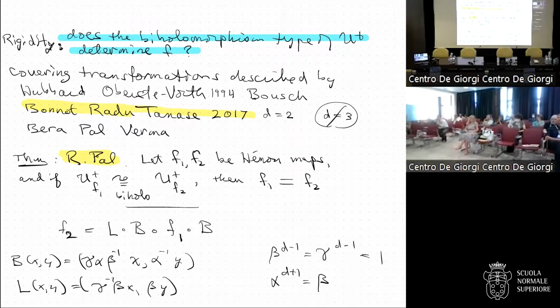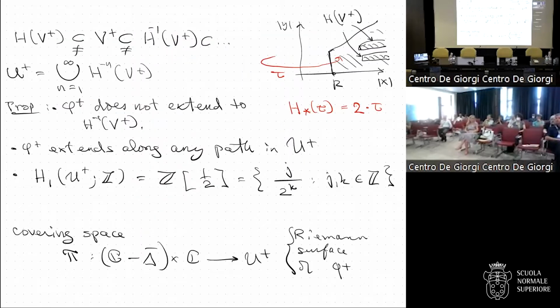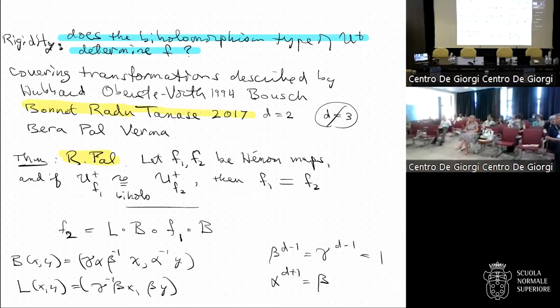So one of the questions that Hubbard was raising in those days, well, I should have said that this set U plus is independent of the map. It depends only on the degree of the map. So all the mappings of the same degree have homeomorphic U pluses. But you can ask, what about the biholomorphism type of U plus? Does that change when you change F?